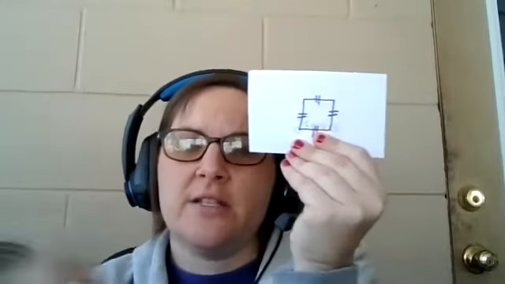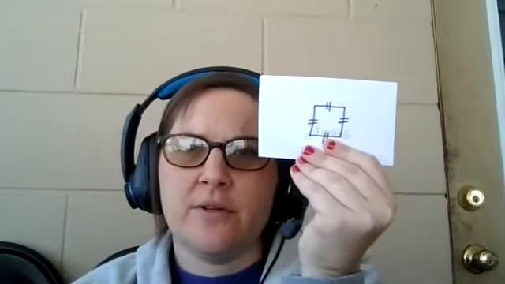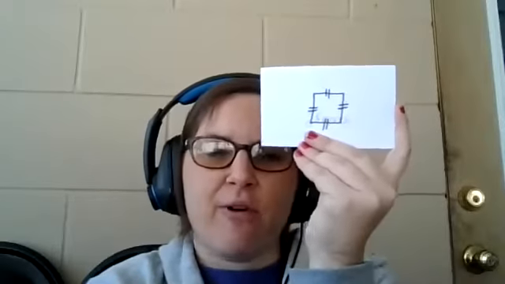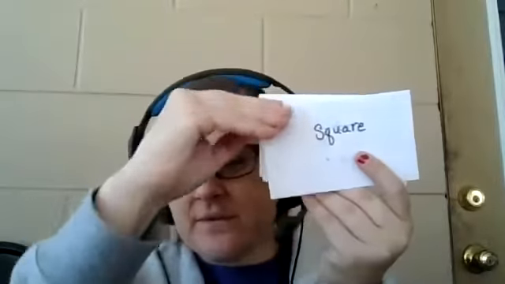Shake your head. Quinn, is this a triangle? No, it's not. Very good. It is a parallelogram because it has 4 sides and it is a square. Okay. All right, couple more.